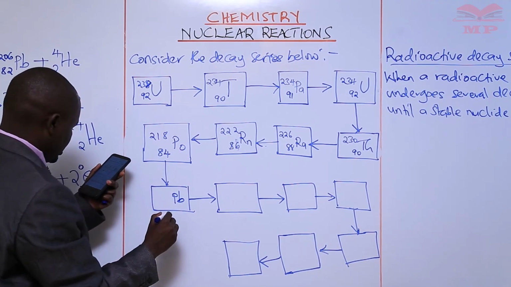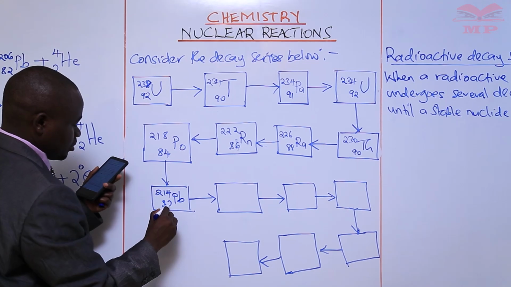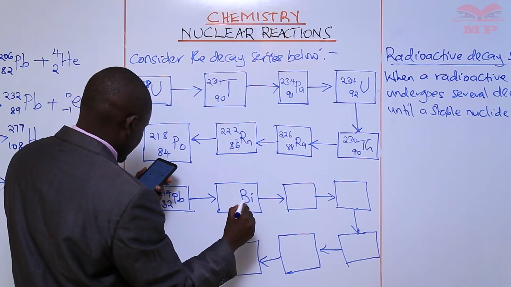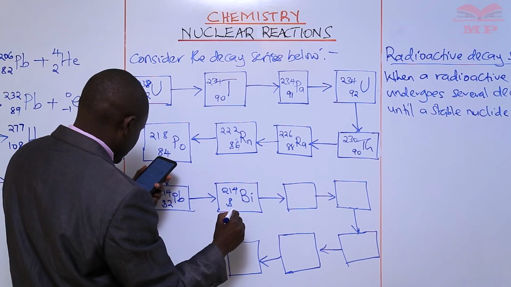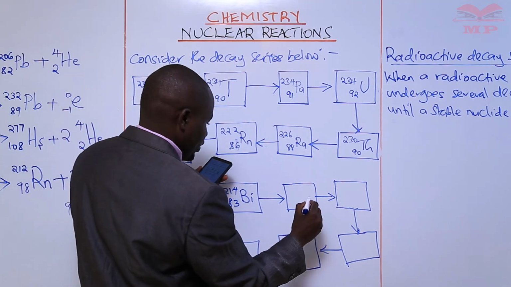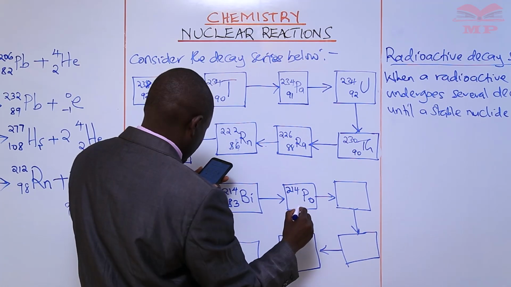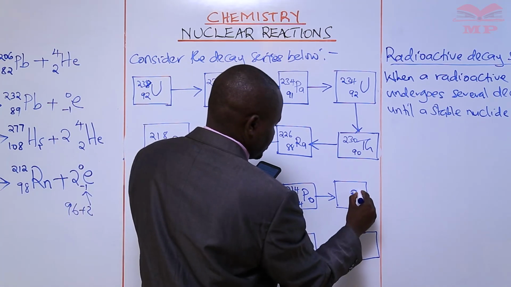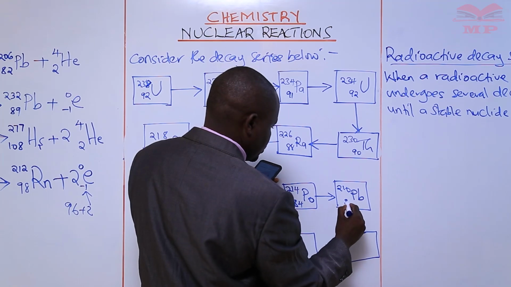This one undergoes further decay once again to produce a new one, mass number 214, atomic number 82, which also undergoes further decay to produce a new one, mass number 218, atomic number 83. Further decay to produce a new one, mass number 214, atomic number 84. Further decay to get a new nuclide, mass number 210, atomic number 82.